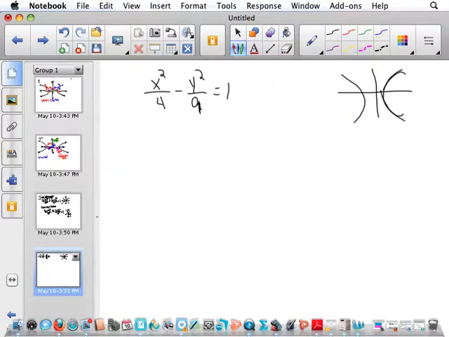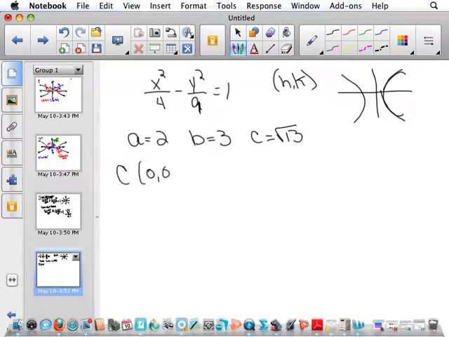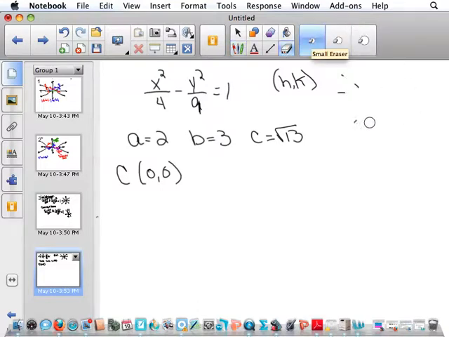A squared is in the first position, therefore a is equal to 2, b is equal to 3, and c is equal to the square root of 13. h, k is the center, and for this particular example, that center is at 0, 0. Now let's get specific about what this graph actually looks like.